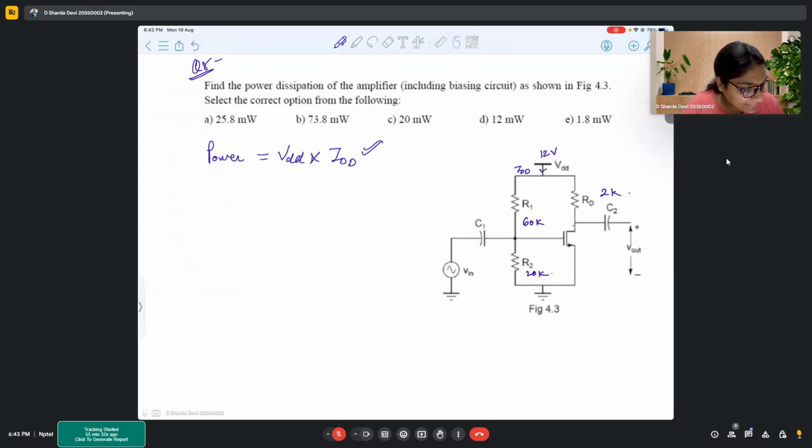That is K W by 2L into VGS minus VTH whole square. So this will be 1 by 2 into VGS.